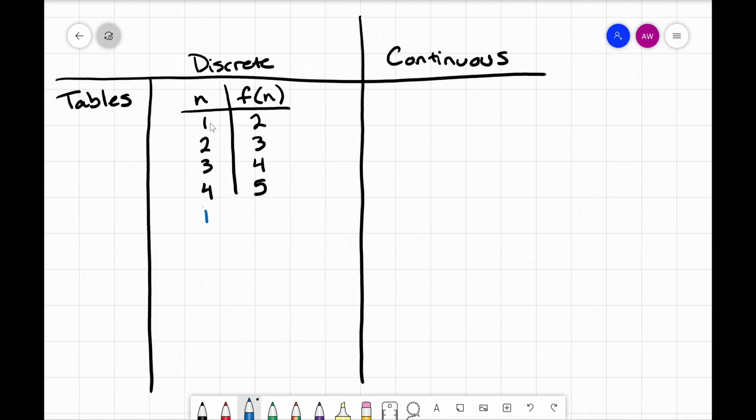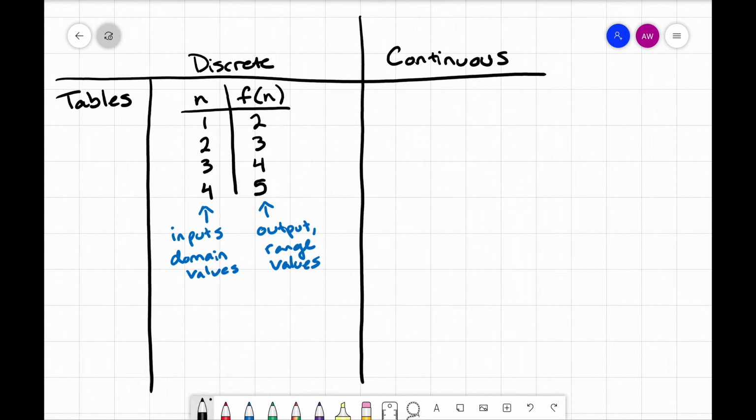These are the inputs, or also known as the domain values. And then we get our f of n, also known as the output, or the range values. On a continuous function, we're not limited to whole number increments.